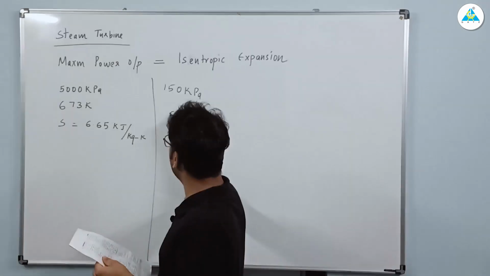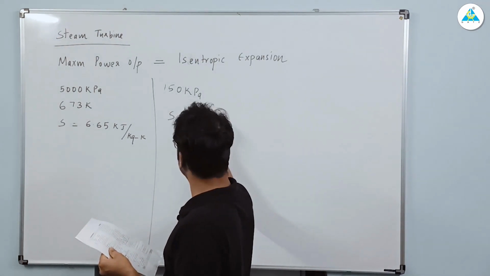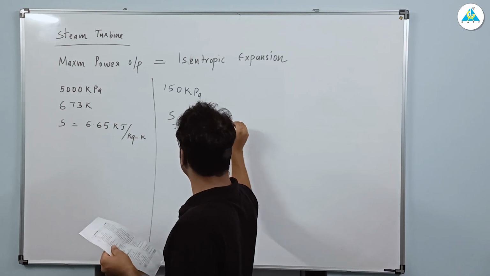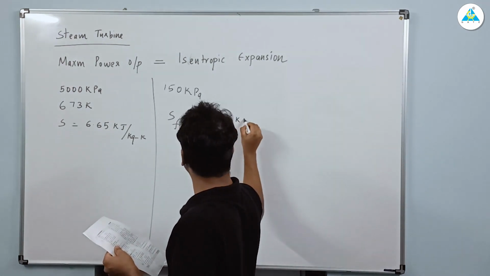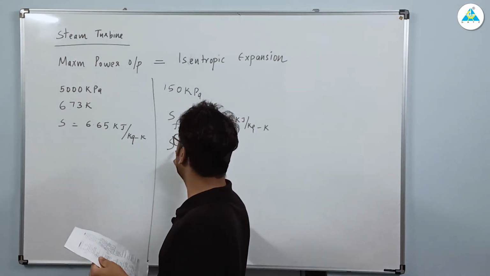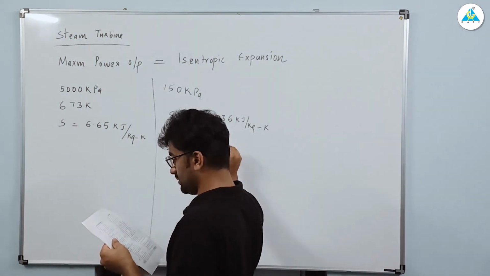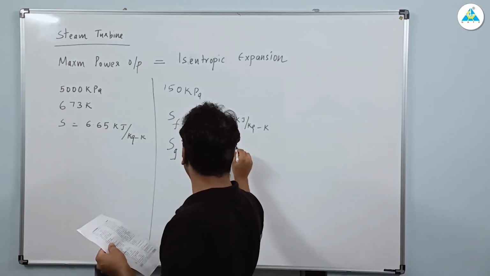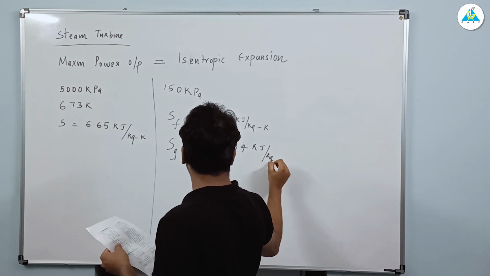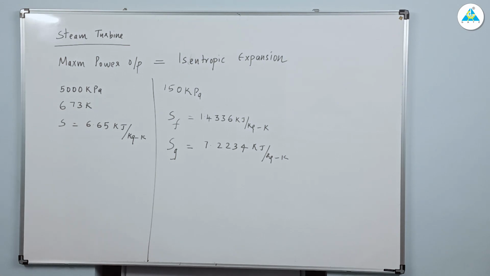So entropy of the saturated liquid is given 1.4336 kilojoule per kg Kelvin. And entropy of saturated vapor is given 7.2234 kilojoule per kg Kelvin. What is the exit condition of steam? That's what they are asking. Clear? So this is what they have given. Clear? Up to this is fine.